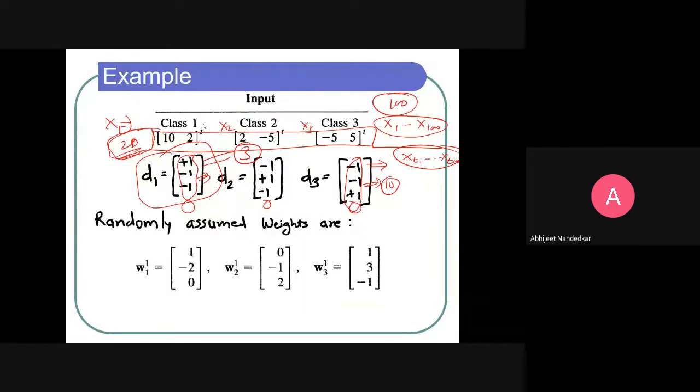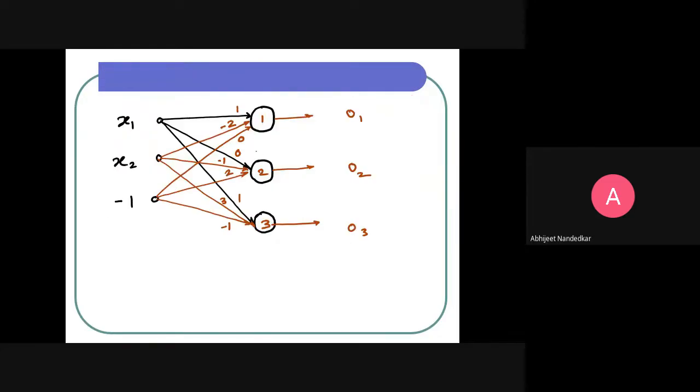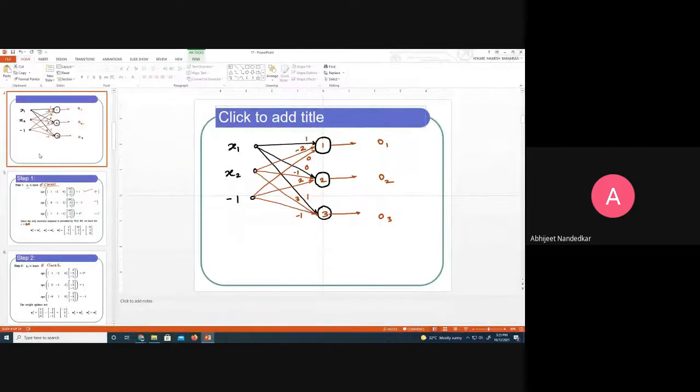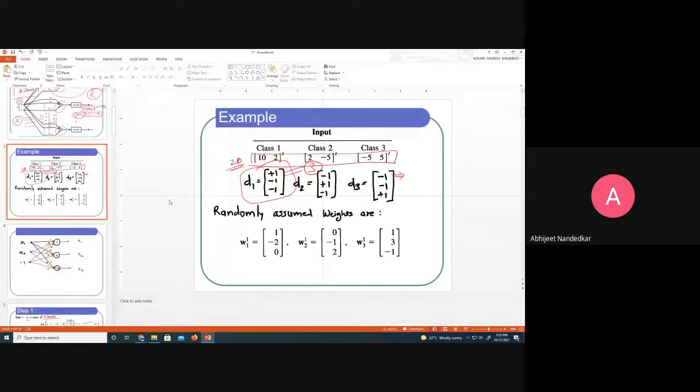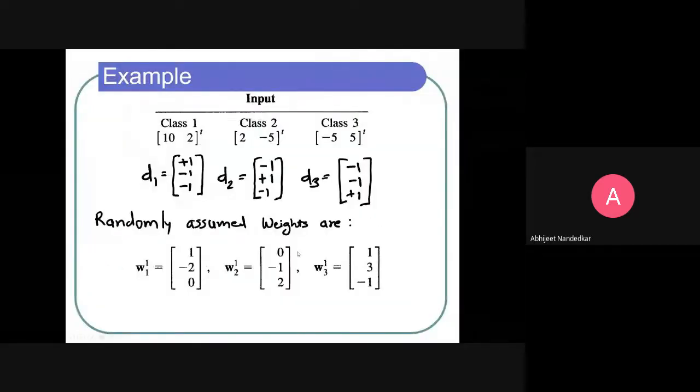You can take a snapshot of this screen right now. I can clean this. The same problem we can solve using a continuous activation function.